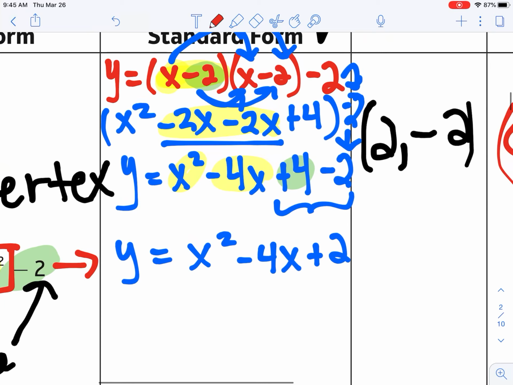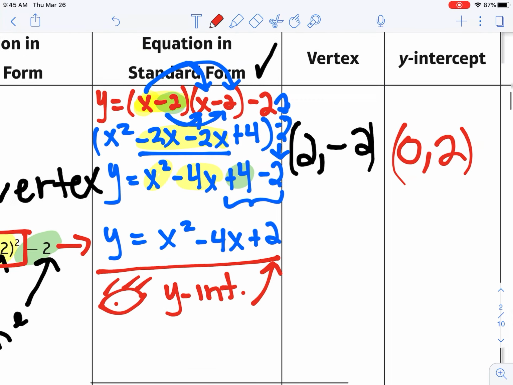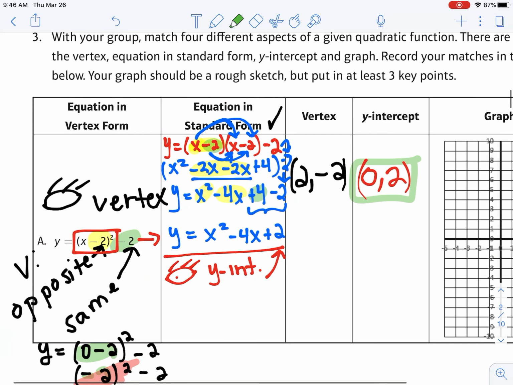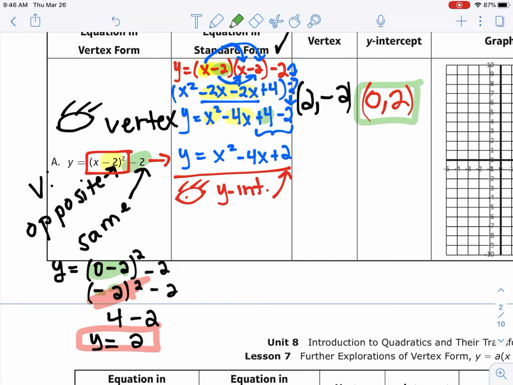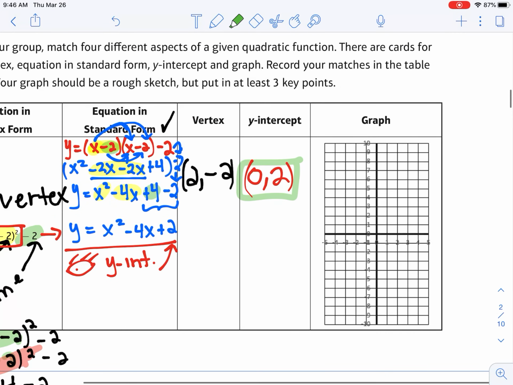And as you saw, this is your standard form now, and what you get from standard form is simply the y-intercept, which is a positive 2, and that's what we were able to determine early on when we let x equals 0 and plugged it into its vertex form over here. So I just want to make sure you guys understand how you can find the y-intercept in either format. All right, so now we're going to go ahead and look over here.